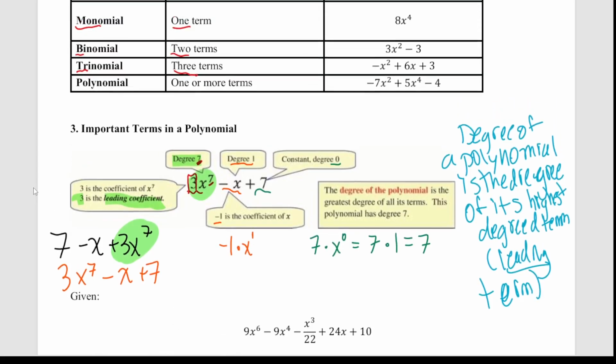This one in particular also would be known as a trinomial because there are exactly 3 terms.